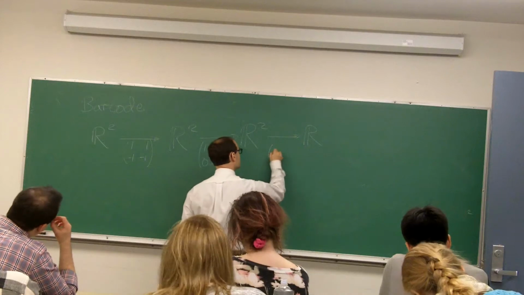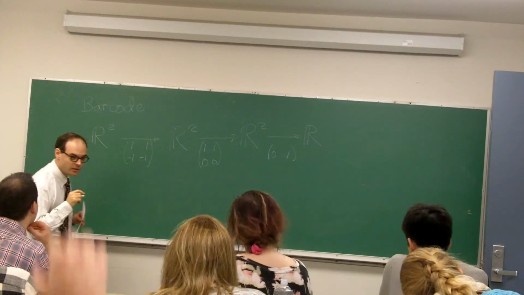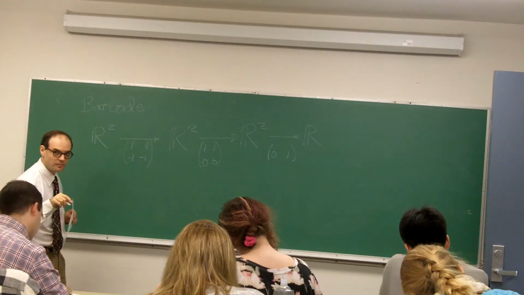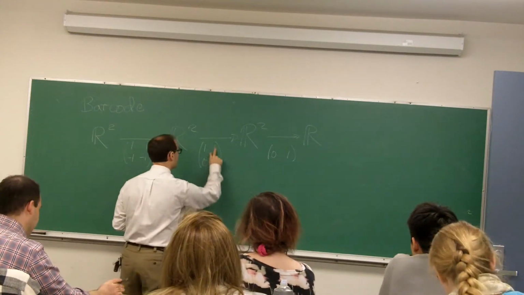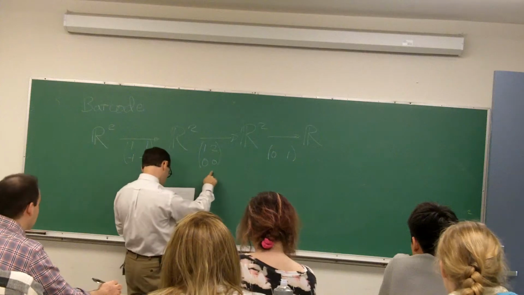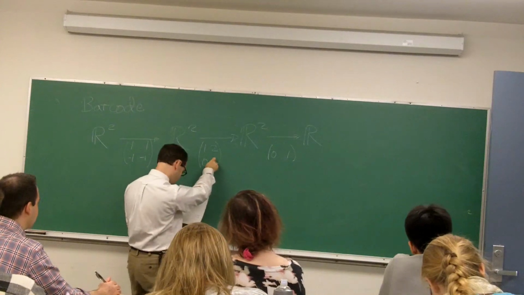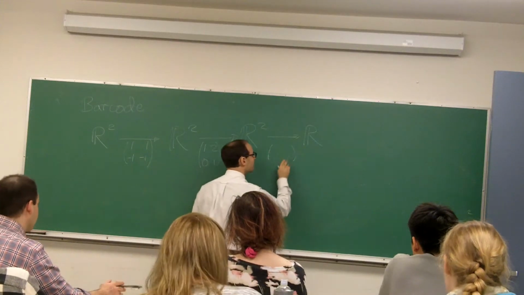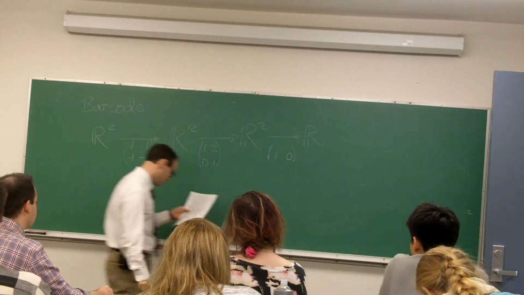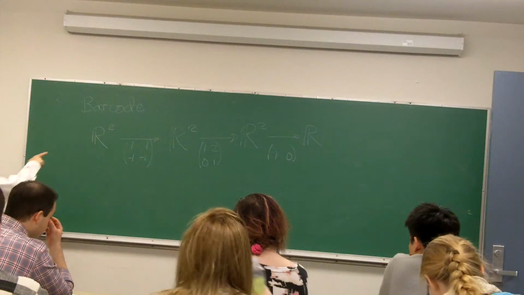It was 1, 2, 0, 1, and 1, 0, not 0, 1, on the far right one. All right, I have several of these in my notes here. Okay, cool.